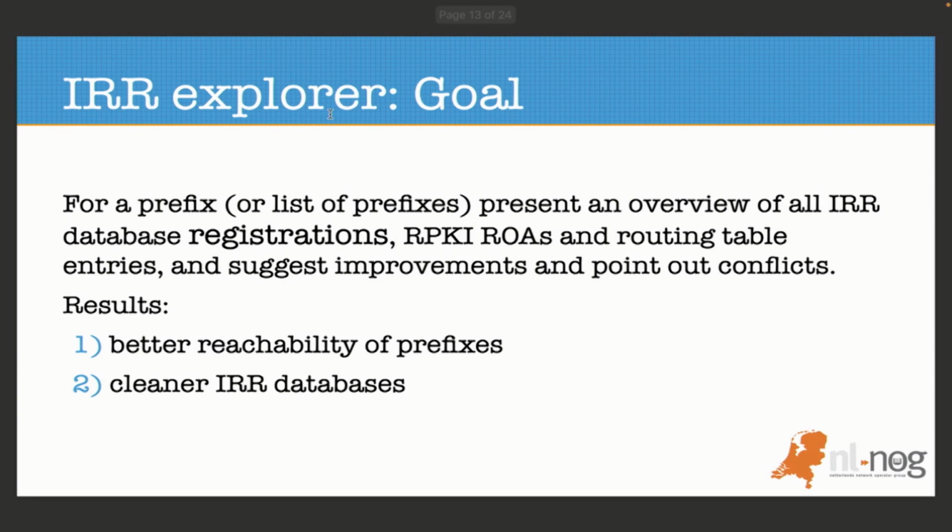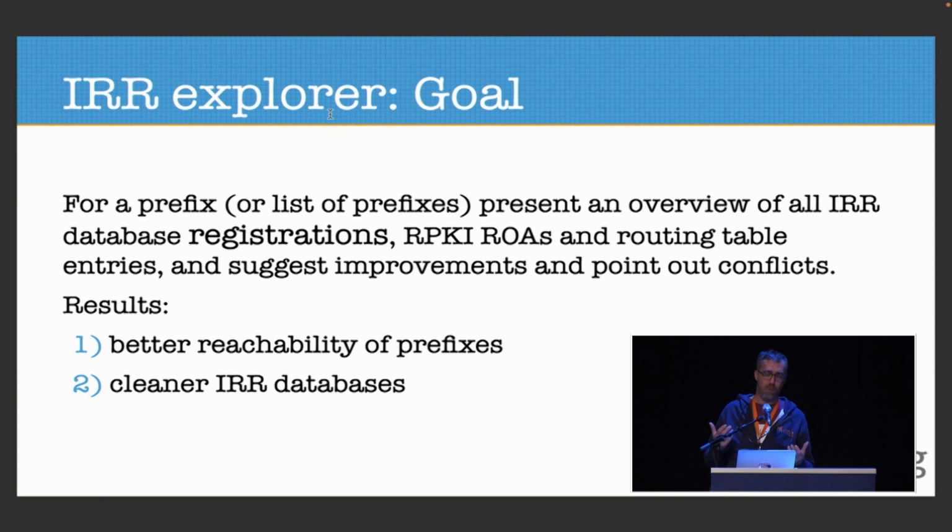The concept of IRR Explorer is to give an overview for a prefix or a set of prefixes from all your database registrations, your RPKI ROAs, your routing table information, and suggest improvements, and point out conflicts. And this should help you to improve reachability of your prefixes, and hopefully eventually also create cleaner IRR databases.